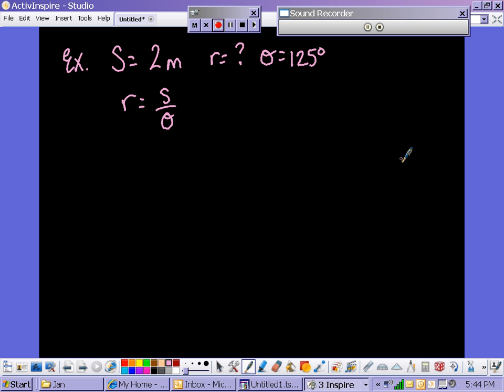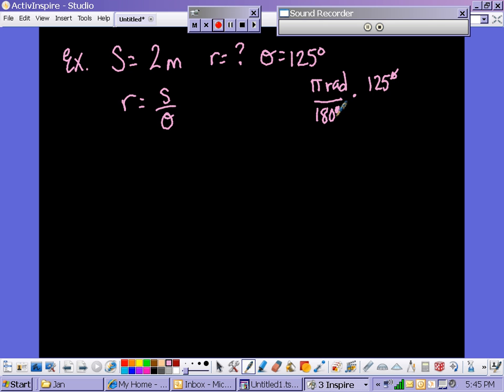But before we begin, we got to convert our theta to radians because it's in degrees right now. So we know that conversion factor is pi radians over 180 degrees, and we can multiply now that by 125 degrees.